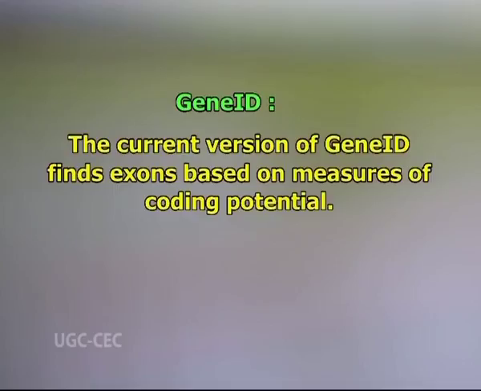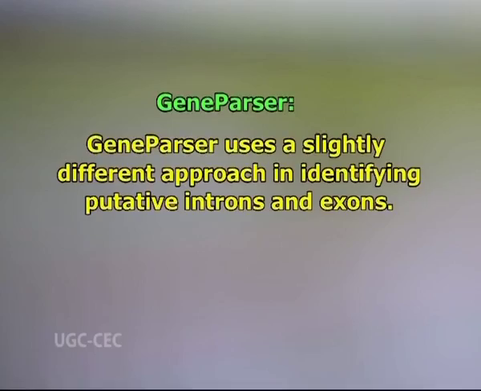Gene ID. The current version of Gene ID finds exons based on measures of coding potential. It uses position weight matrices to assess whether a given stretch of sequence represents a splice site or a start or stop codon. Gene parser.